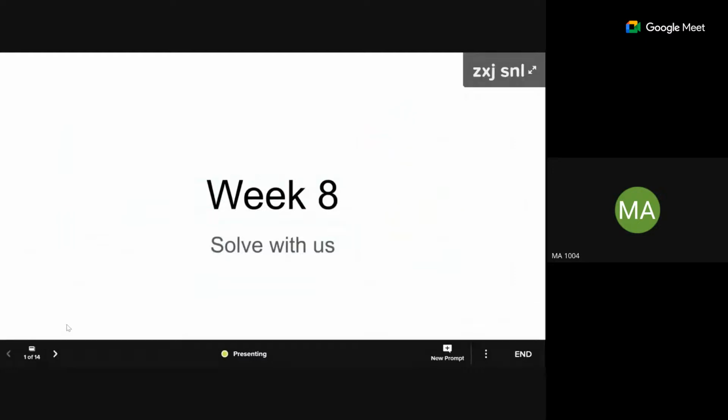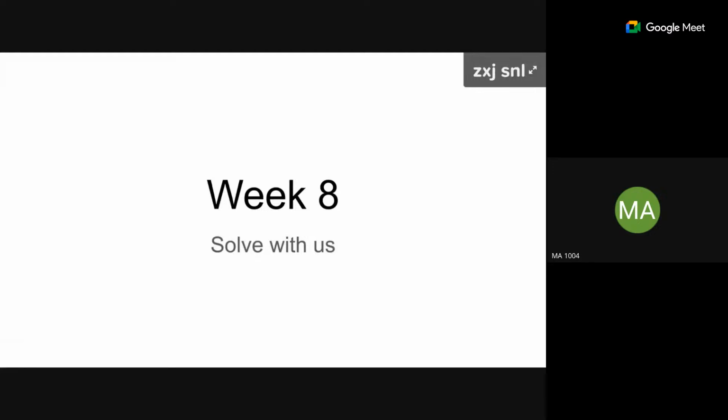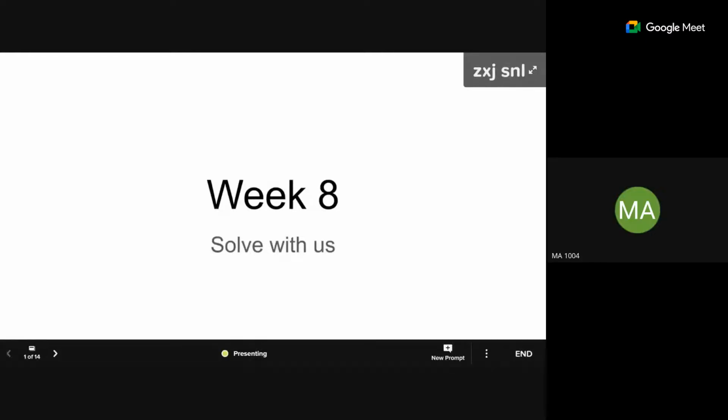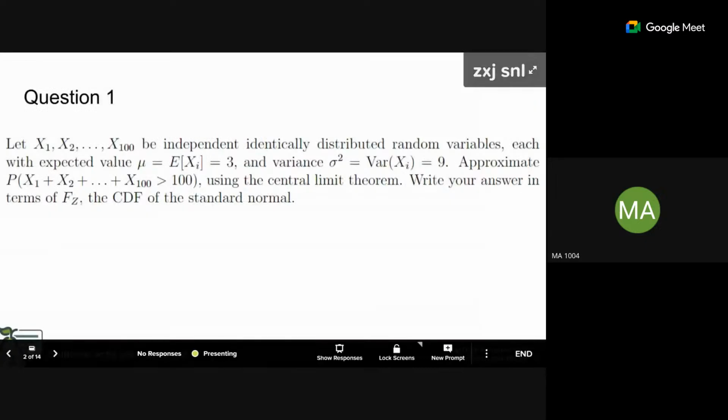Keep your pen and paper ready as we are going to solve the questions from the CLT topic, central limit theorem. Am I audible clearly? Okay. The first question is regarding central limit theorem only.